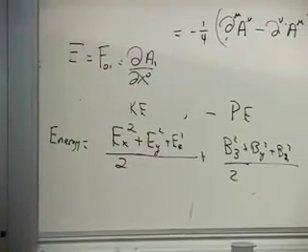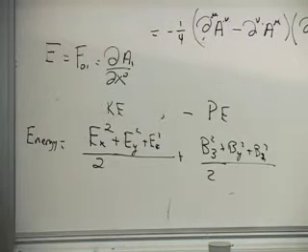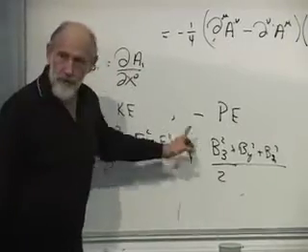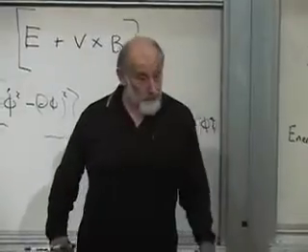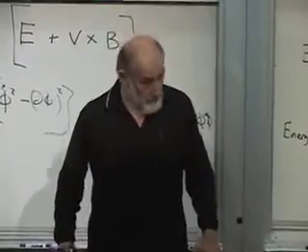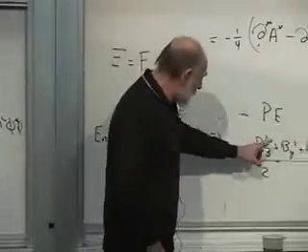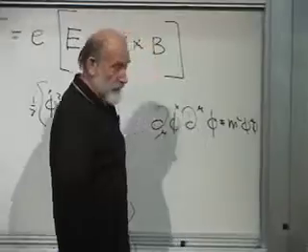If we go through the entire apparatus of classical mechanics, we would discover that the energy, the Hamiltonian, is this, and the Hamiltonian is conserved. It's a general principle. So this is energy and its conservation. E squared plus B squared is conserved.